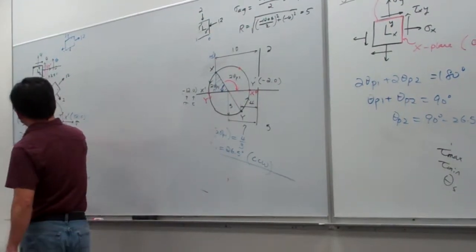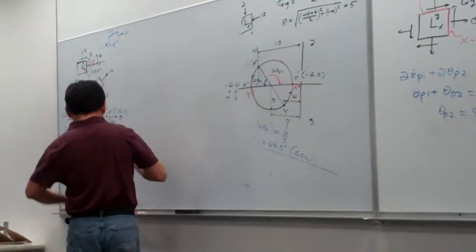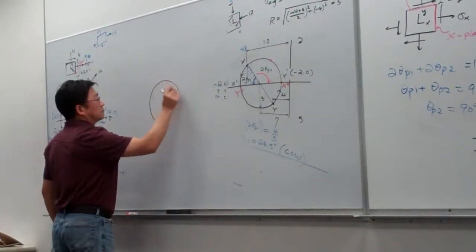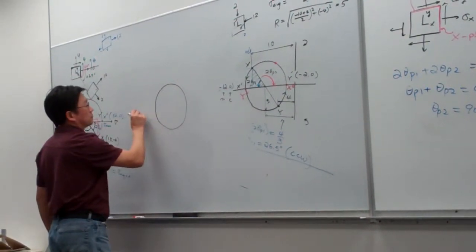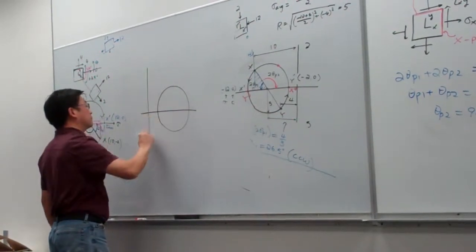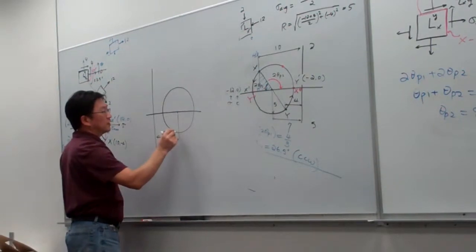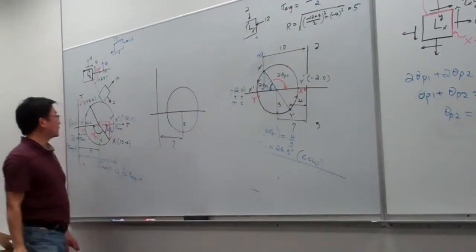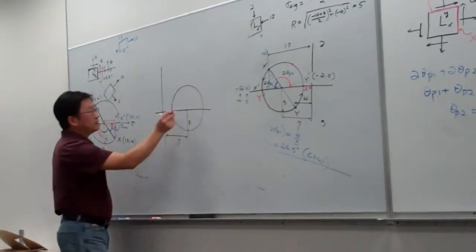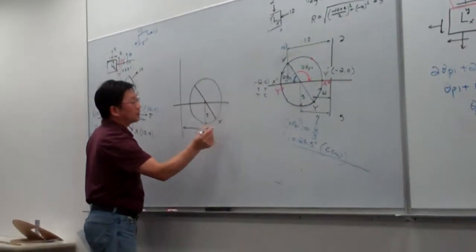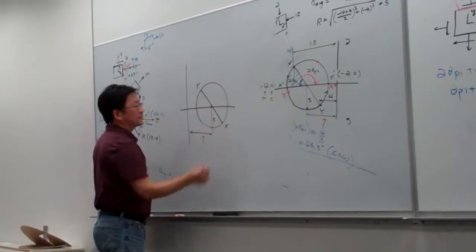So on the same circle, let me draw the circle one more time. This is average 7, and radius equal to 5, and our given x and y. This is our x, this is our y.